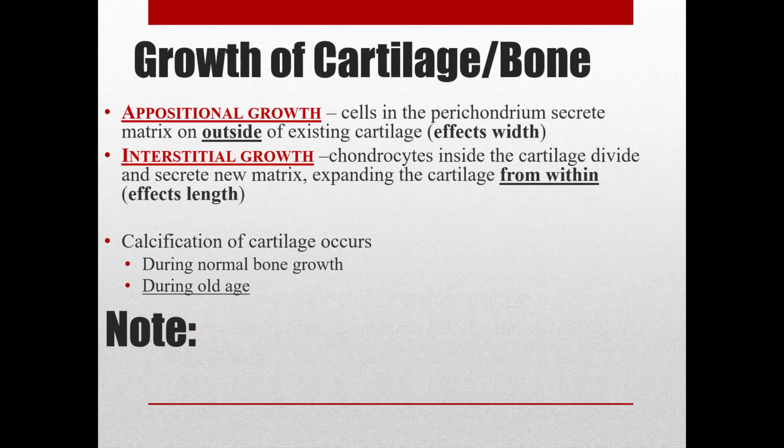Growth in width comes from bone growth that's outside the bone. So a little keynote here: interstitial growth is our growth plate that we saw last time, where bone grows in length from within the bone.